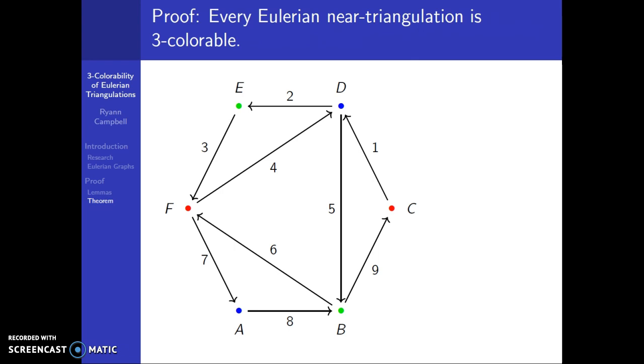If we did that at F and B as well, following this same circuit that we just discussed, we would end up with our simple closed curve. And the pattern would remain the same. So D and D prime would both be blue, B and B prime would both be green, F and F prime would both be red.